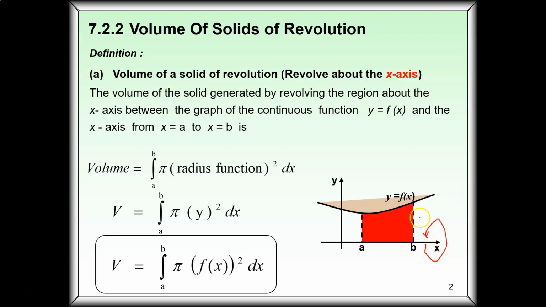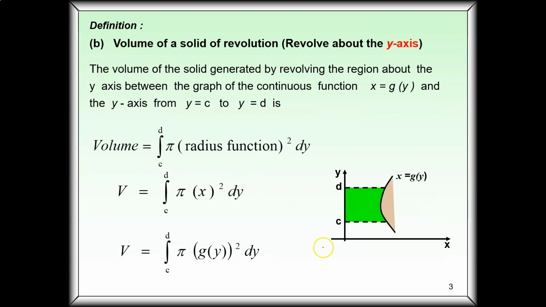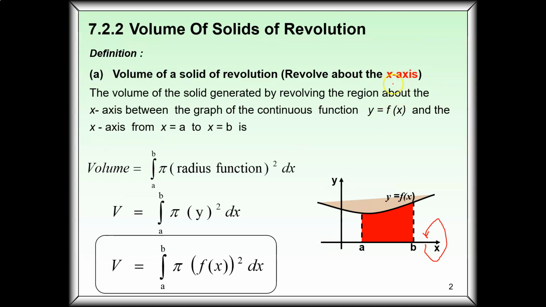You will get a shape quite similar to a cylinder. That one is for the x-axis. When you revolve about the x-axis, you rotate the area over here around the x-axis.